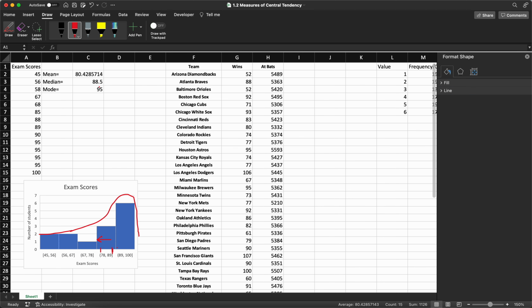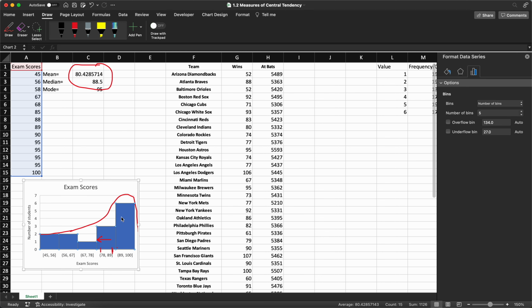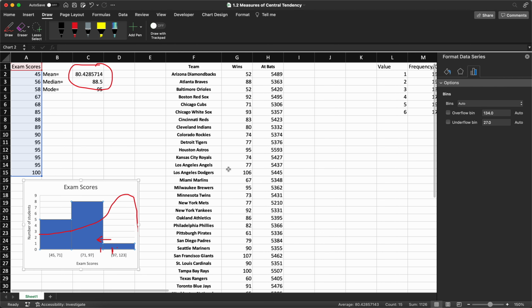And so looking at the mean and the median and noticing that the mean is much smaller than the median is another piece of evidence that I can use to say that this is definitely a skewed left distribution. But let's not forget that when I first looked at this data set and I let this auto choose, this did not look skewed left. It looked skewed right. It looked skewed the other way.